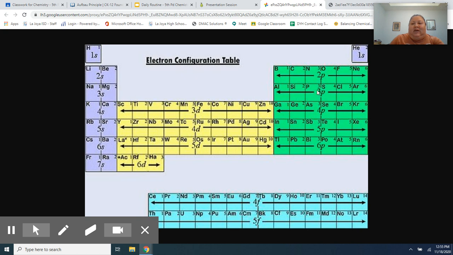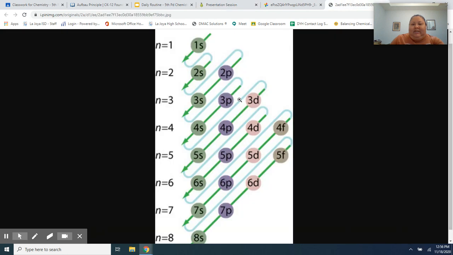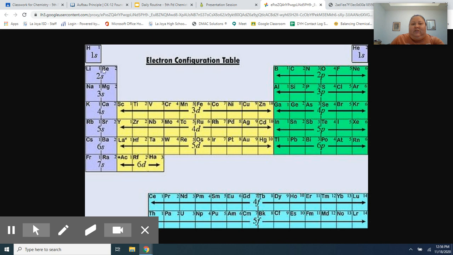And then they stop at phosphorus, which is right here at 3p3. My students just find it easier to use this electron configuration periodic table than anything else, easier than doing the diagram, because everything you need, it tells you the electrons, the energy levels, and the orbitals.